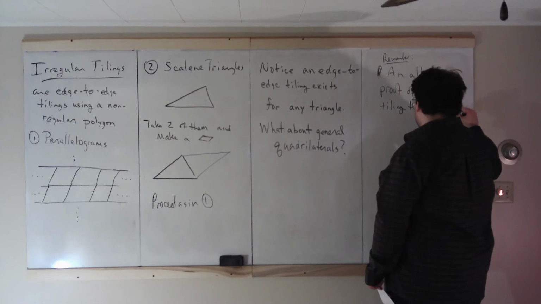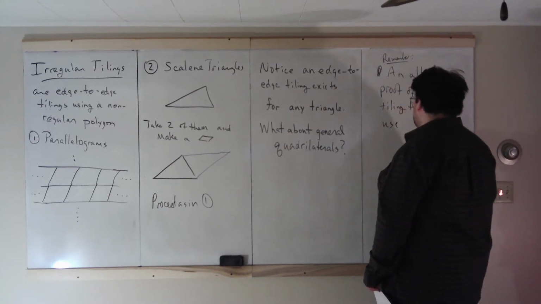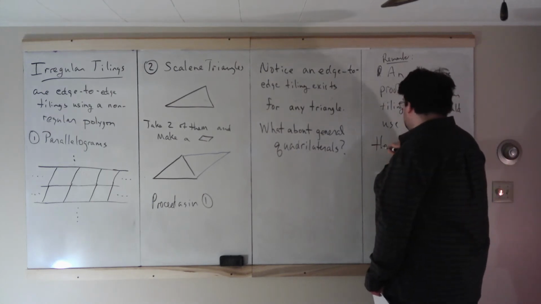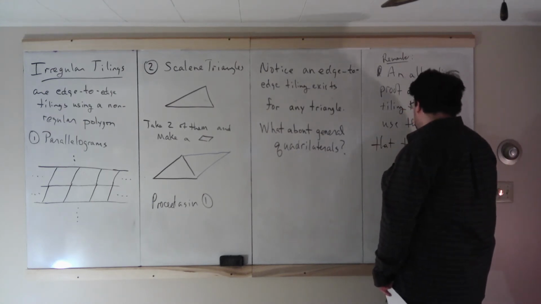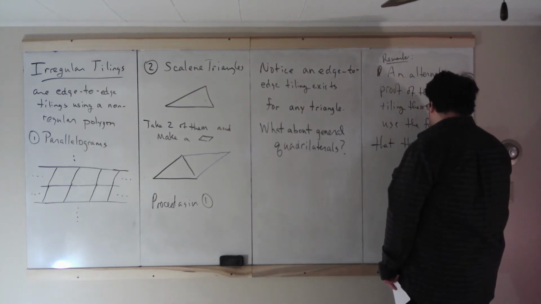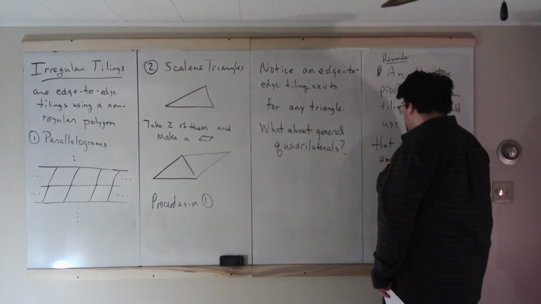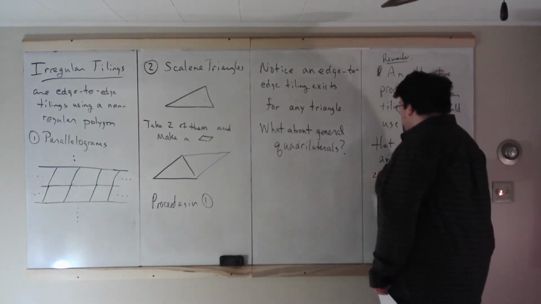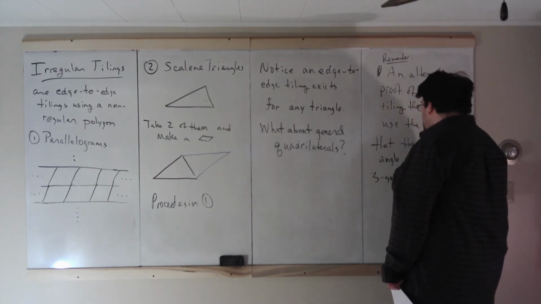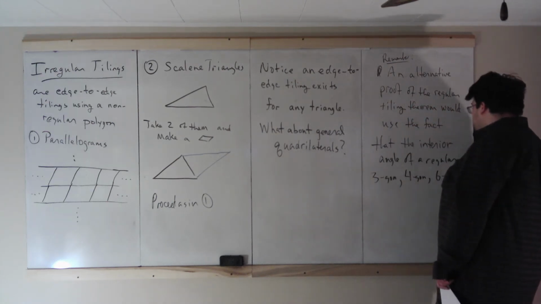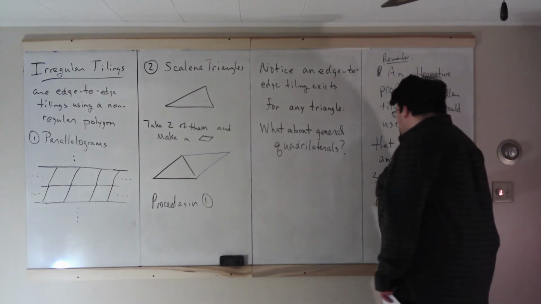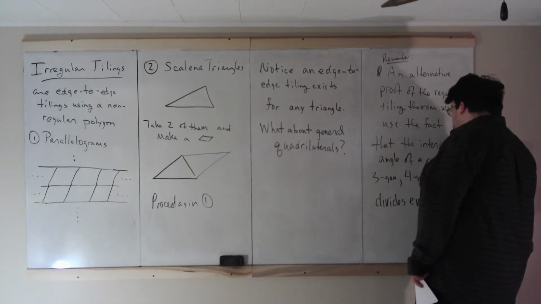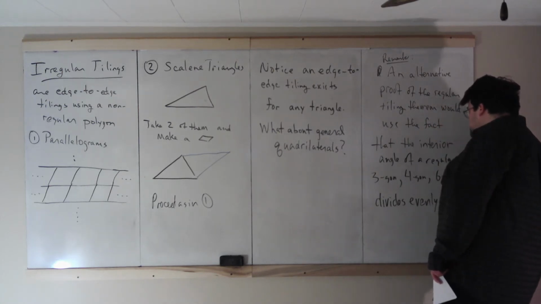would use the fact that the interior angle of a regular three-gon, four-gon, or a regular six-gon divides evenly into 360 degrees.